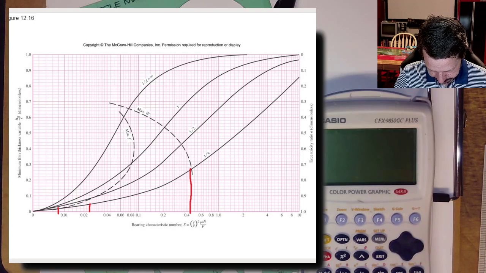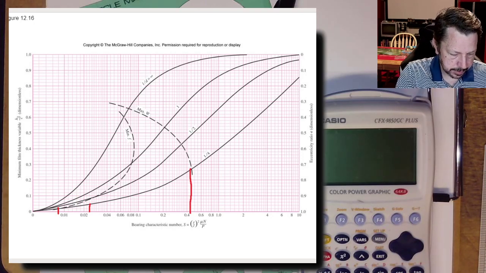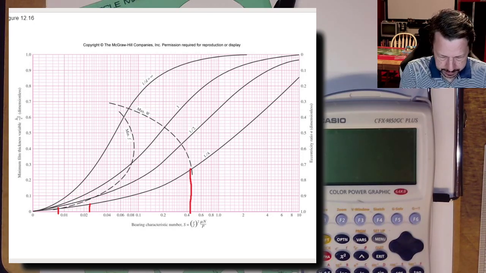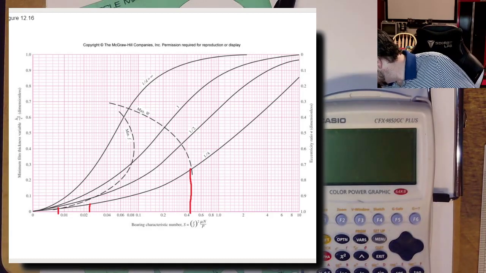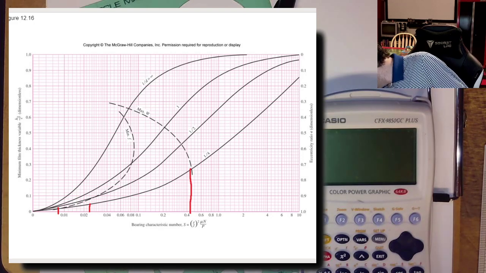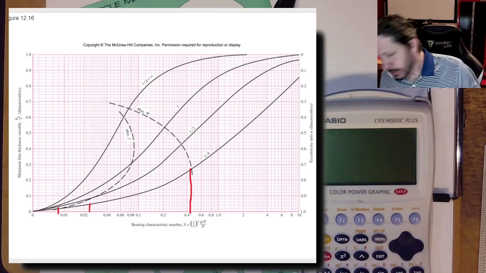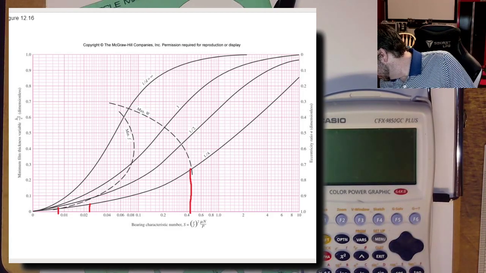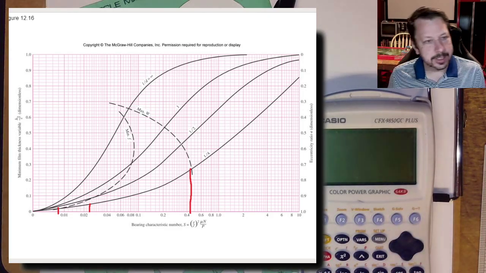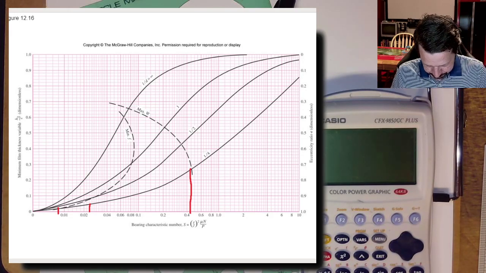Let's see, what did I even write down? I'm going to use epsilon. I think it's in your book. Let me see if I can determine if it's E or epsilon real quick. Let's see. It's an epsilon. All right. And it's not a numbered equation. It's just on page 630 in the middle of the book.